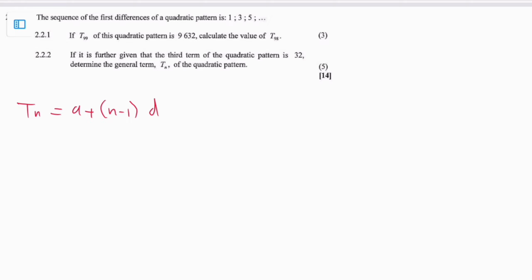And so d in this context is the change from 1 to 3, 3 to 5, which is just 2. So in this instance, you would have 1 plus n minus 1 times 2. And so the rule for your first differences is just 2n minus 1. Okay. So now the question is, how do we solve for this?